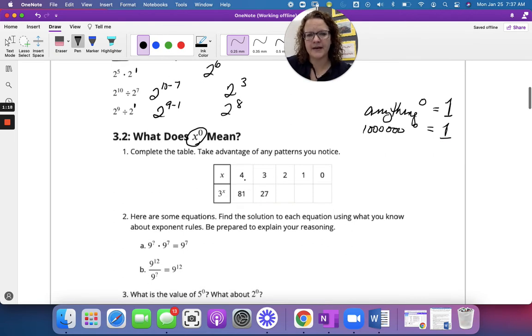So here we have, if x is 4, 3 to the x power is 81. 3 to the third power is 27. 3 to the second power is 9. 3 to the first power is 3. So 3 to the 0 power is 1. I don't see a pattern there, I just memorized it.